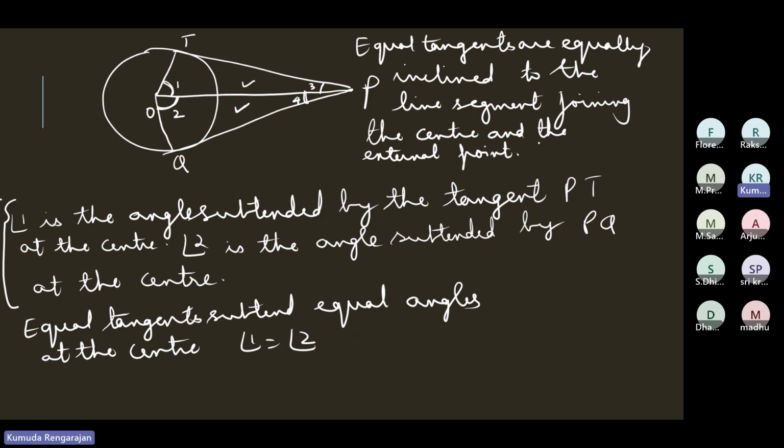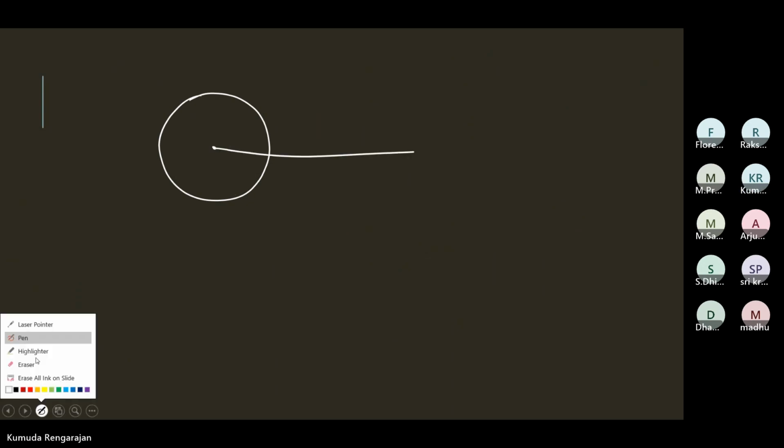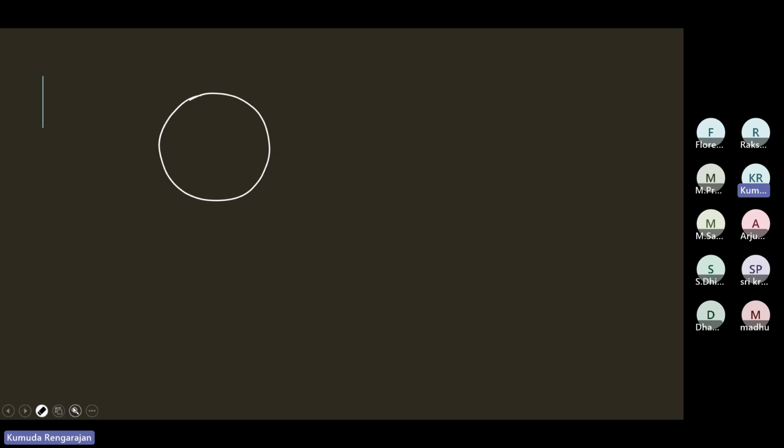So that is angle 3 is equal to angle 4. Equal tangents are equally inclined to the line segment joining the center and the external point, which means angle 3 is equal to angle 4. So what is that? Circle, line segment joining the center and the external point.